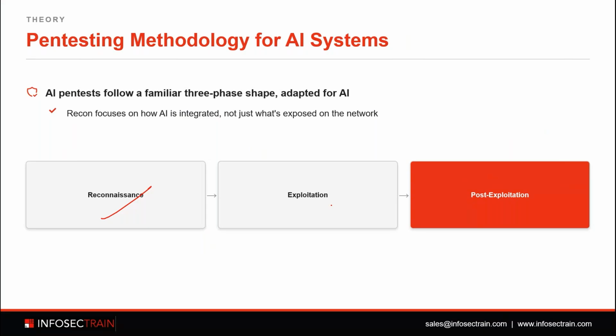Then in the exploitation part, as a tester, you will actively try to break the guardrails and force unintended behavior, right? Craft malicious inputs to override the system instructions, embed the payload in external sources, attempt to bypass the safety filters with creative phrasing, or extract confidential or proprietary information, right? Then in post exploitation, once the exploitation succeeds, the focus shifts to the impact and persistence.